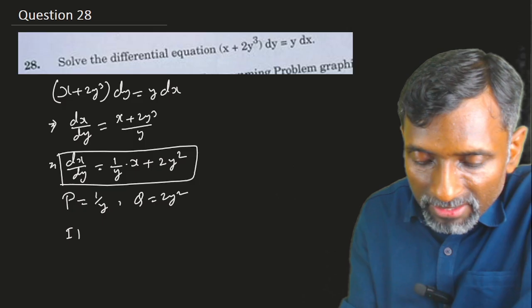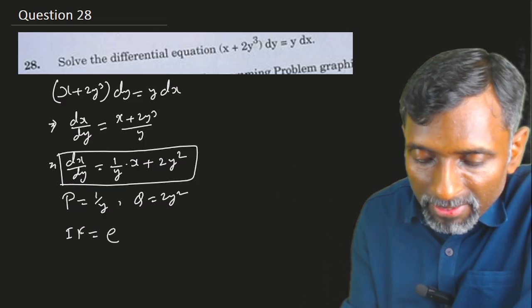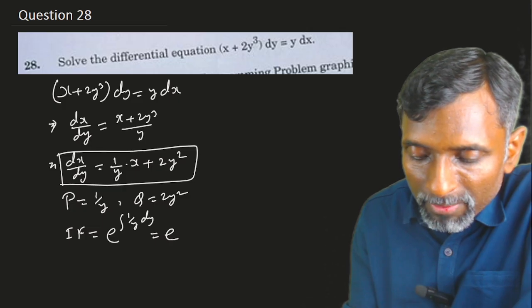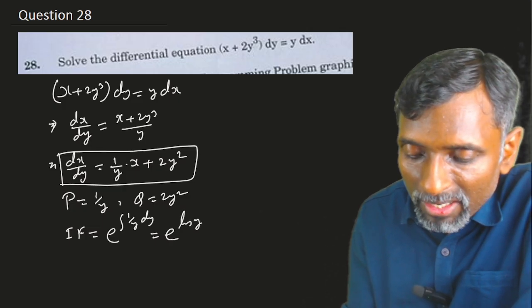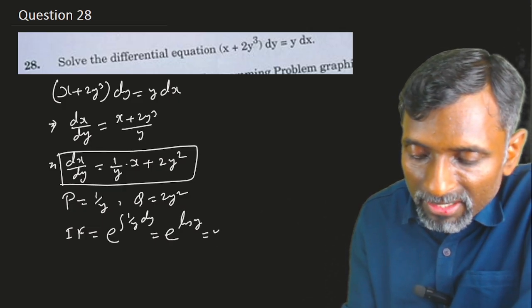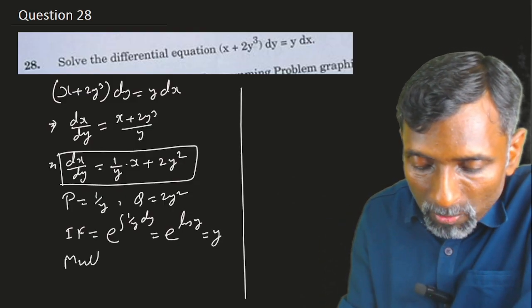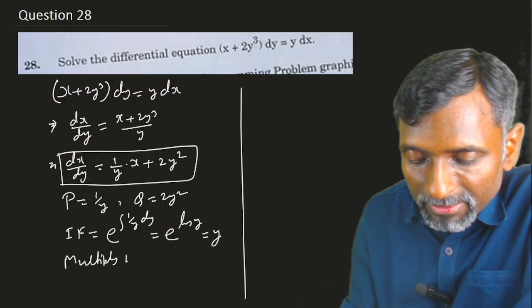So integrating factor can be written as e to the power integration of 1 by y dy. It is e to the power log y. You know e and log cancel and integrating factor will be equal to y. Now we can multiply both sides by integrating factor.